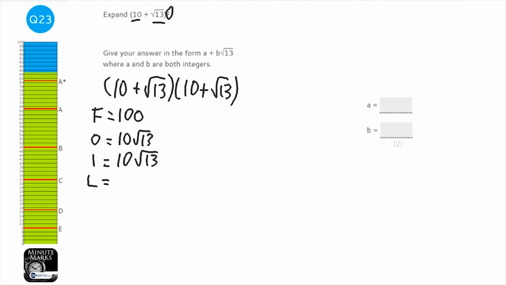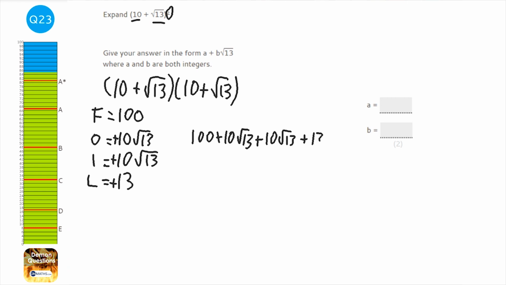And last, which is root 13 times root 13. Now, anytime you times a surd by itself, it just becomes the number. So it's technically root 169, which is 13. Okay, so all of these are pluses because there's no minus in it. So to put these together, we've got 100 plus 10 root 13 plus 10 root 13 plus 13.